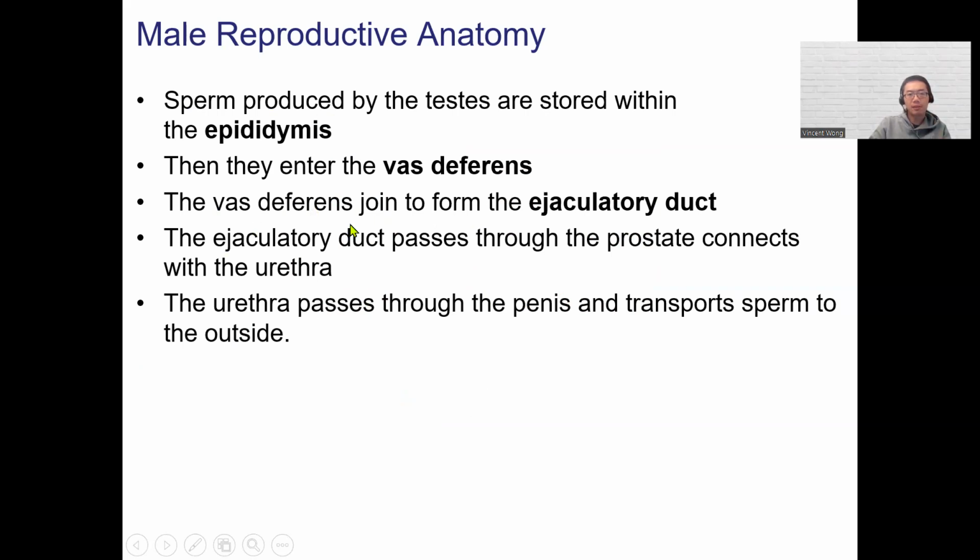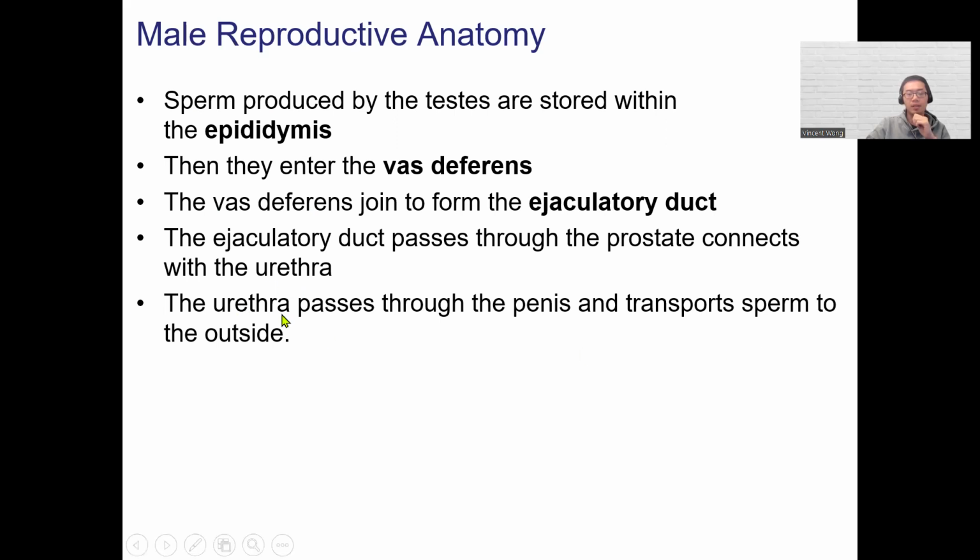So from the vas deferens, the 2 vas deferens from both sides will join to form the ejaculatory duct, which passes through the prostate, right? Like the straw through the orange I was telling you. And then in the prostate, it will connect with the urethra. Urethra, of course, passes through the penis, and then it will transport the sperm to the outside.